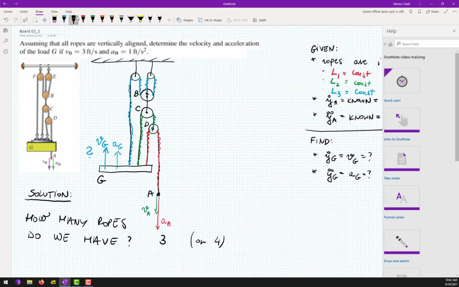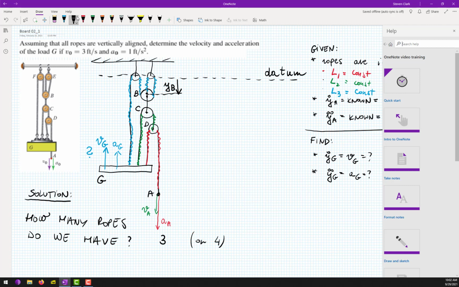So this will be our datum, here. This is our datum. And I would like to define this elevation as YB.